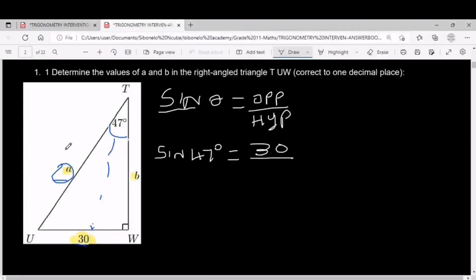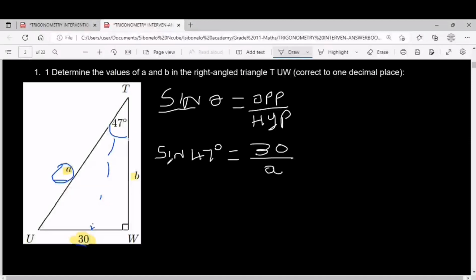The hypotenuse is a. So we must solve for the value of a.